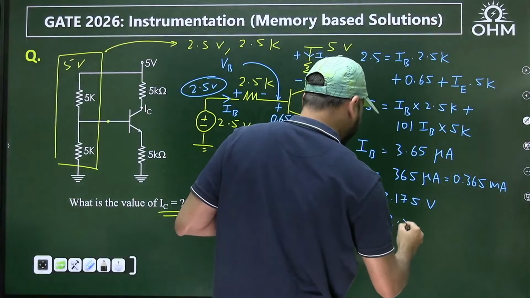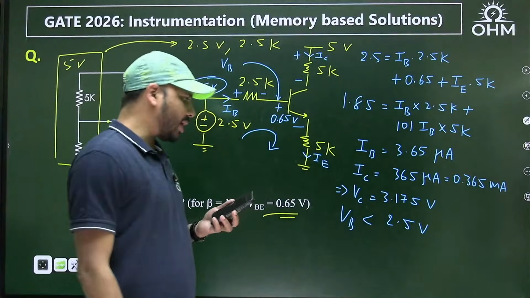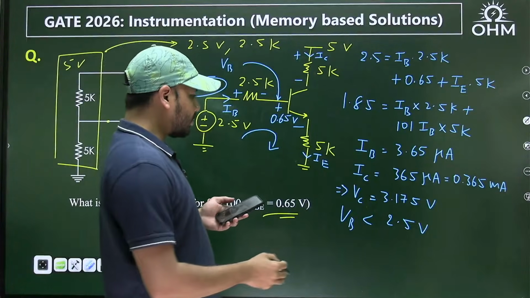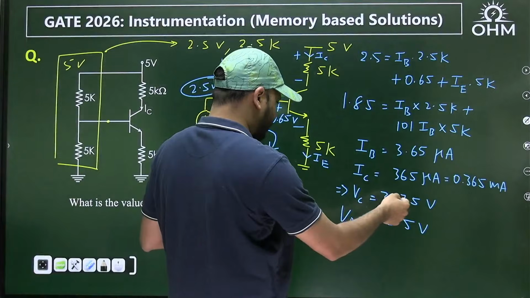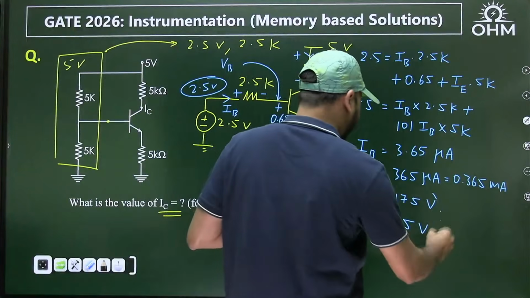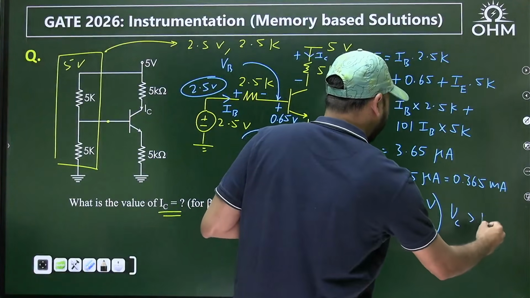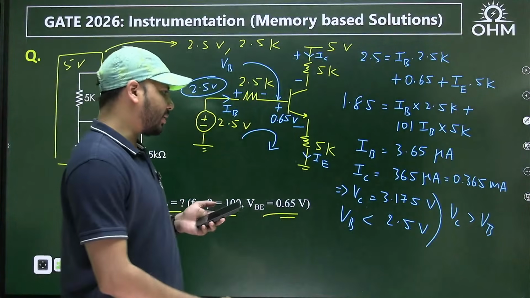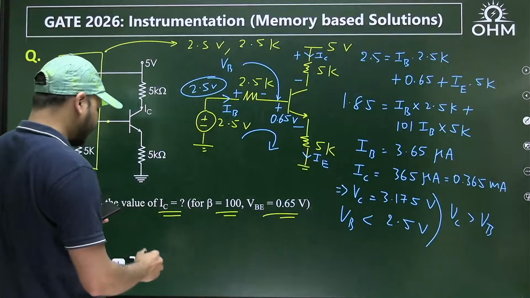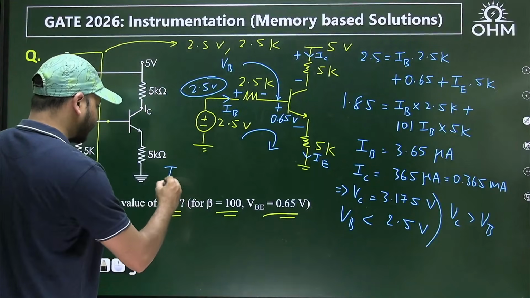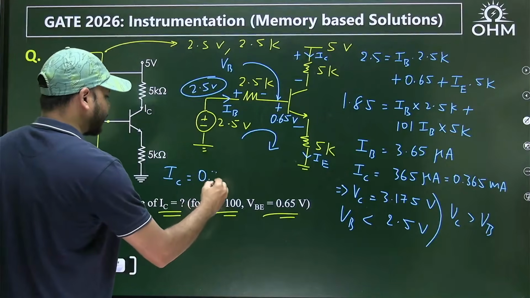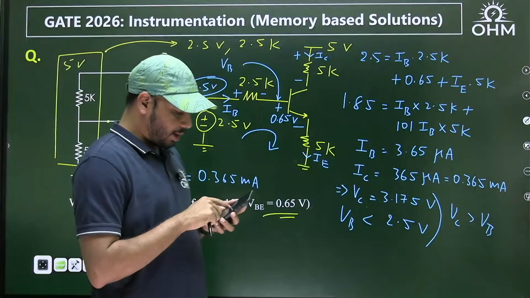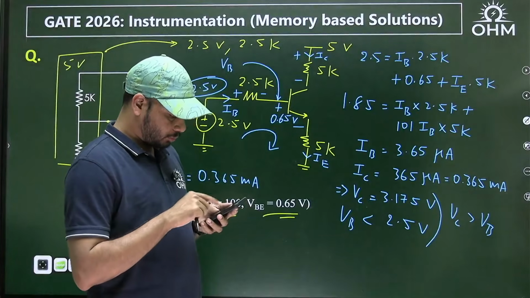So VC is 3 point something, and VB is less than 2.5. So definitely VC is greater than VB. So the transistor is active, and the collector current is 0.365. So the answer for this question is 0.365 milliamps. Okay.